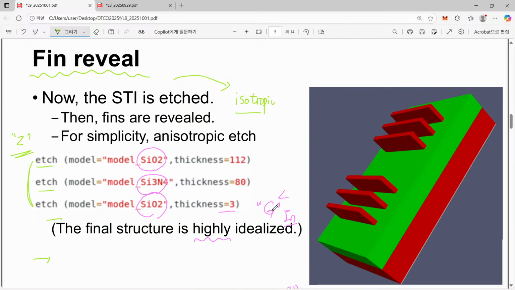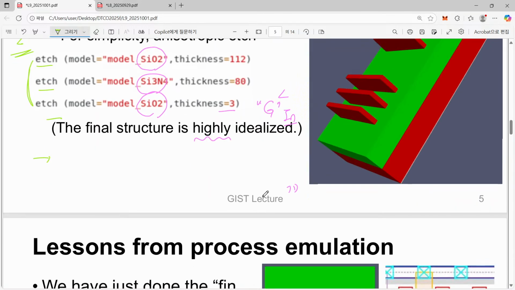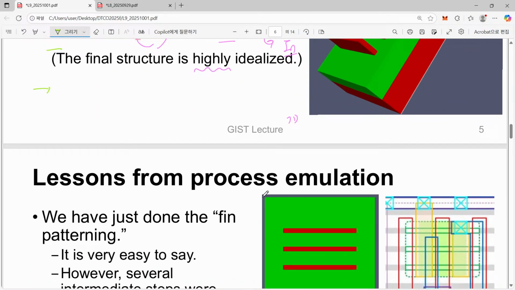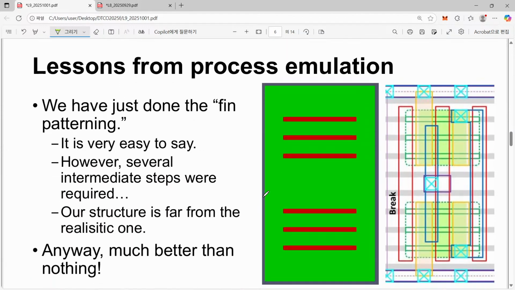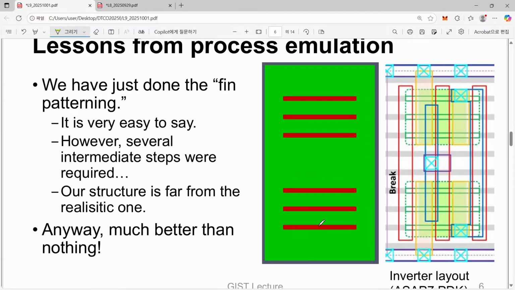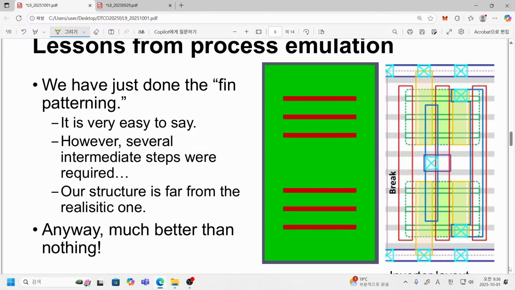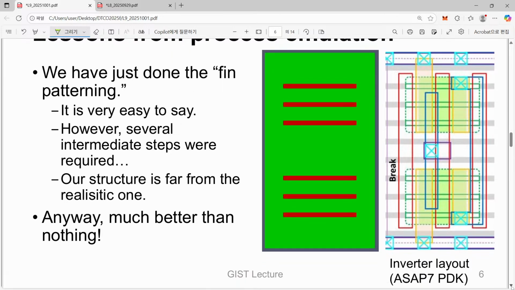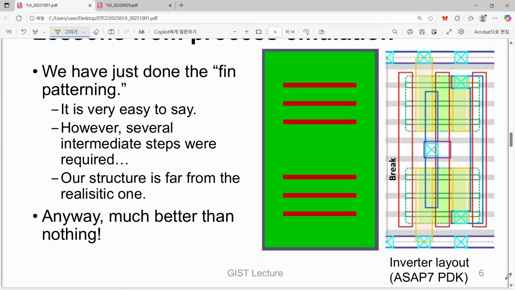Now anyway, this is the current situation. Please have a look at these two graphs, the right one from the ASAP PDK, and the left one is the one we have done up to now.